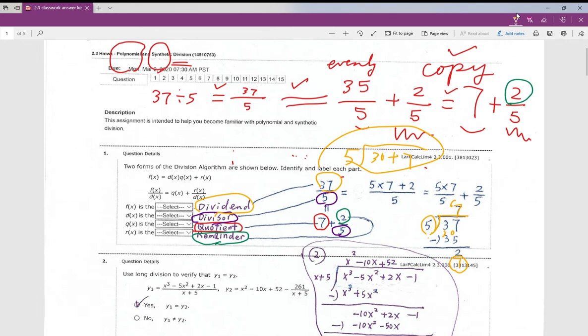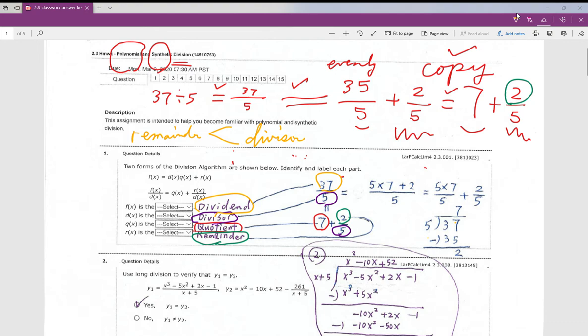And 37 take away 35, the remainder is 2. 2 is smaller than 5. That's good. So your remainder needs to be smaller than the divisor.